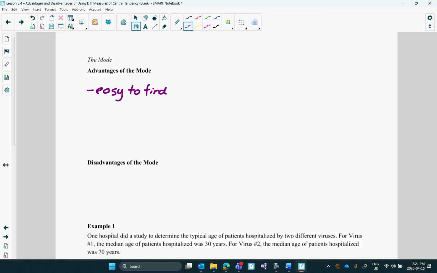Okay. And really, it's more useful for what's called nominal data. And nominal data are non-numbers.